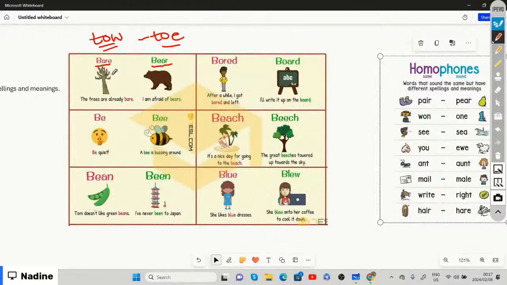And then we also have break and brake. Brake is when you're riding a bicycle or driving a car and you step on the brakes in order to get the bicycle or the car to come to a standstill or to slow down.